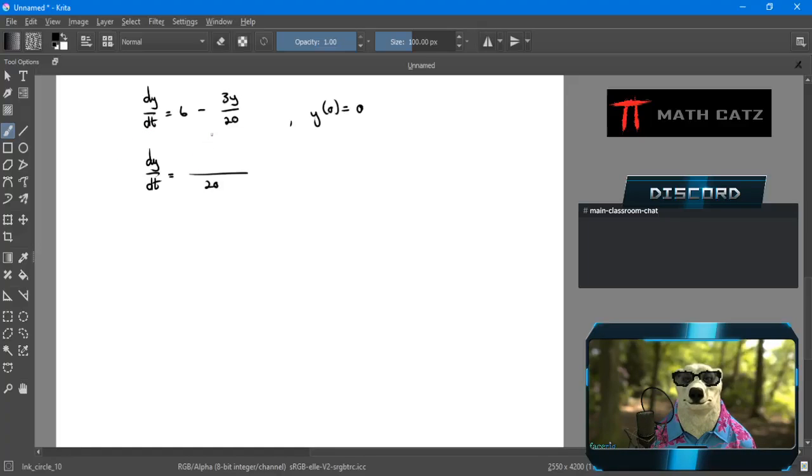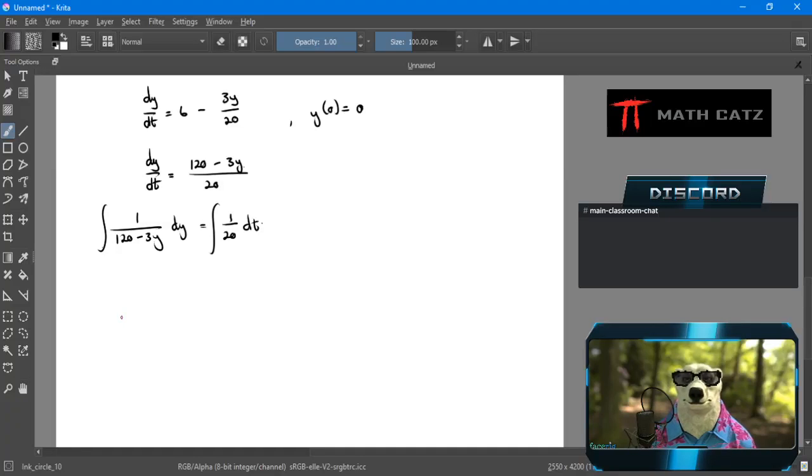So I have to put these terms together over a common 20 perhaps. So I have (120 minus 3y) over 20. Then I'll take the 120 minus 3y to the y side, and 1 over 20 can stay, and dt goes to the right, and then I integrate.